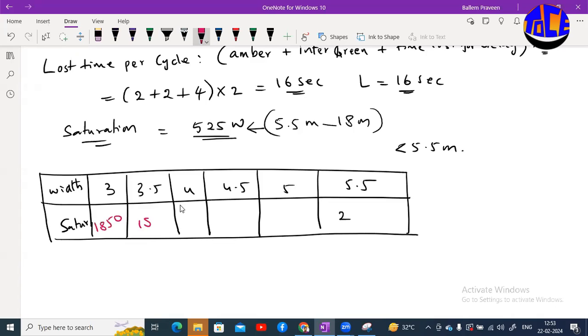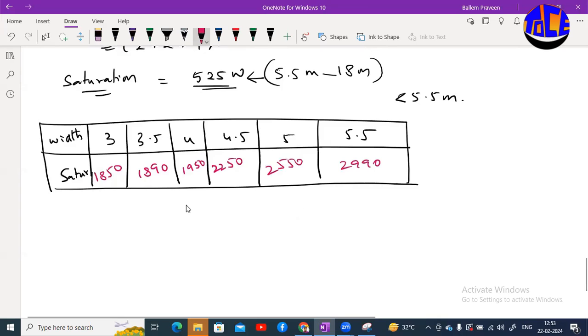For 3.5, it is 1890. Then 1950, 2250, 2350. Sorry, it is 2550, and 2990. So based on width, you need to take the values.